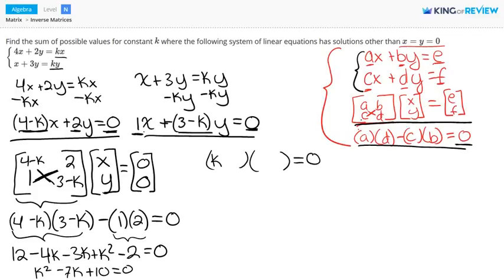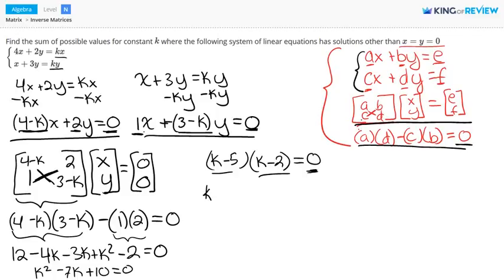The next step is to factor. So k squared is k times k, and now we want two numbers whose product is 10 and sum is negative 7. Well, negative 5 and negative 2 would work. So here's our equation, and using the zero product property, we know that we can get a 0 for the product if one of these two terms is equal to 0, because a number times 0 gives us 0.